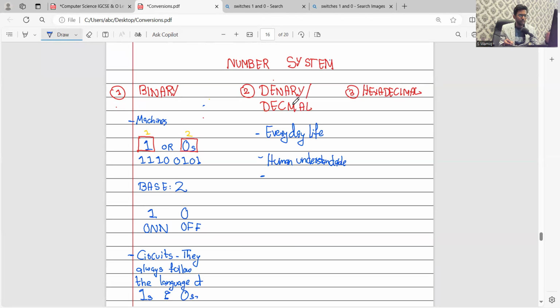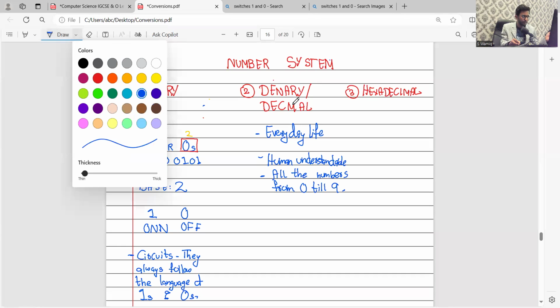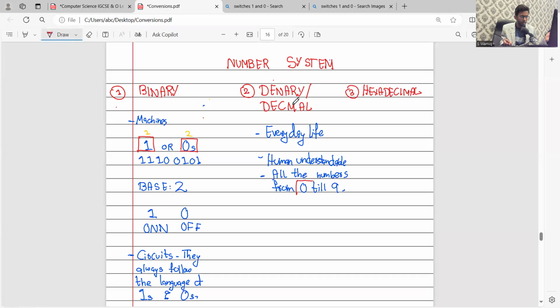And denary decimal contains all the numbers from 0 till 9. 0 till 9 basically means 0, 1, 2, 3, 4, 5, 6, 7, 8, 9, and it ends here.